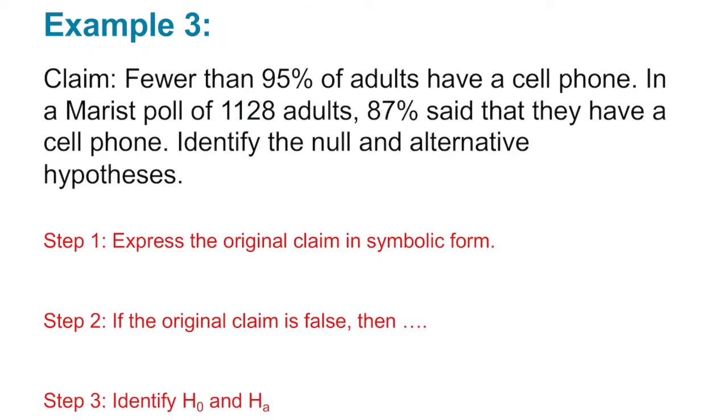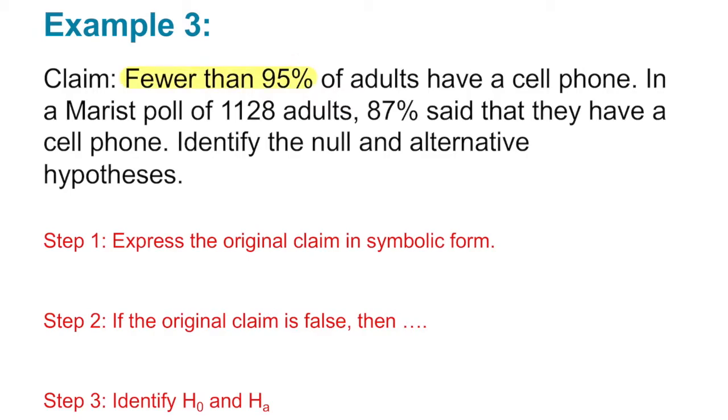Example 3. Fewer than 95% of adults have a cell phone. In the Marist poll of 1,128 adults, 87% say that they have a cell phone. Identify the null and alternative hypothesis. Step 1. Express the original claim in symbolic form. My original claim says fewer than 95% of adults have a cell phone.